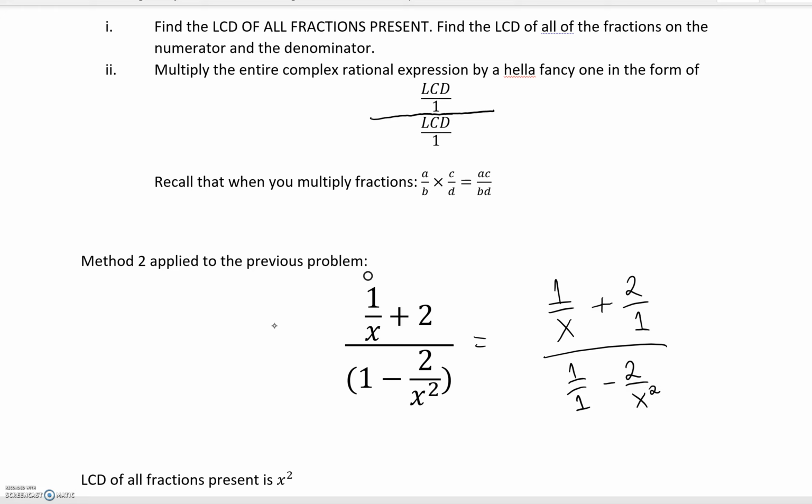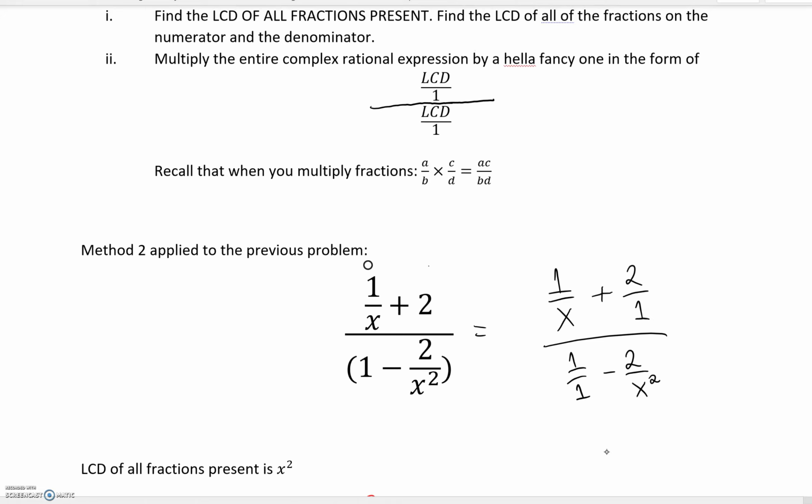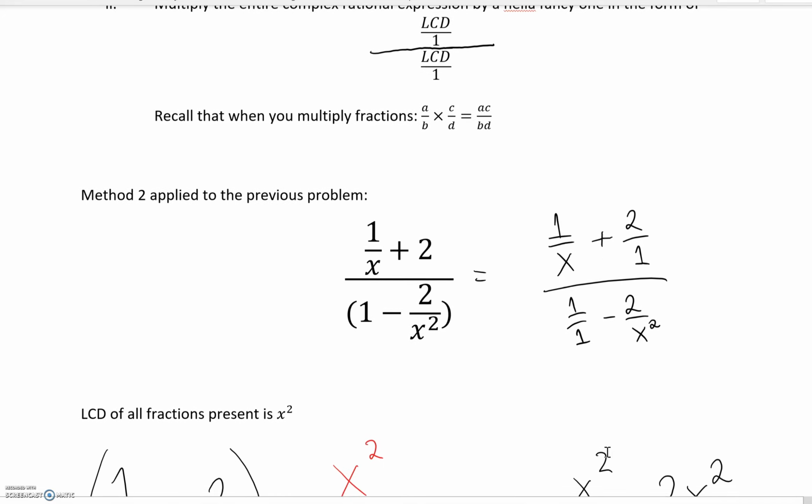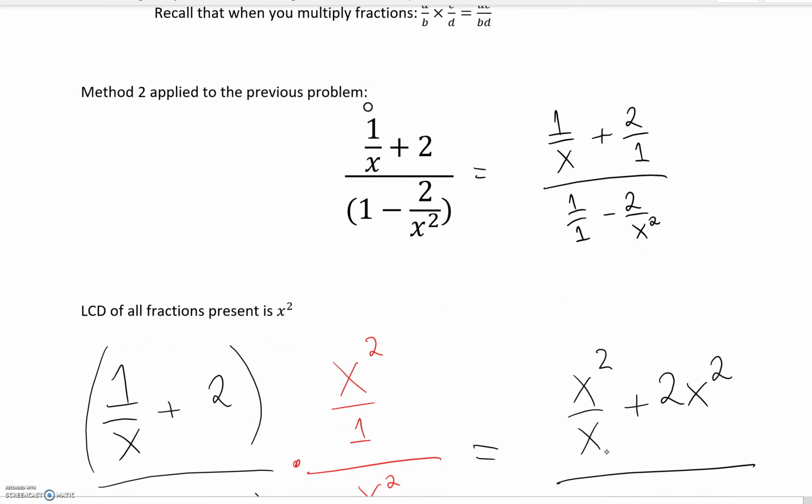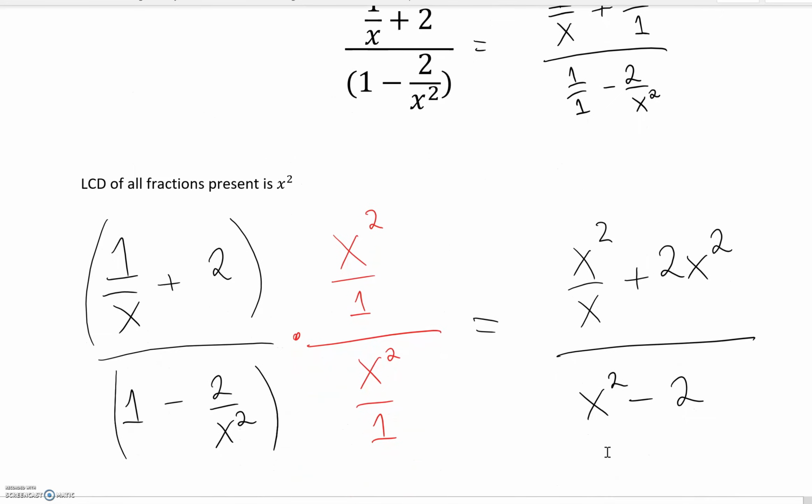The LCD of all four of those fractions will be x squared. You're going to multiply this entire thing by x squared over 1 divided by x squared over 1. You saw what I did here? I need to use the distributive property in order to continue with this problem. So what do I want you to do? Draw the parentheses so that you remember to distribute.